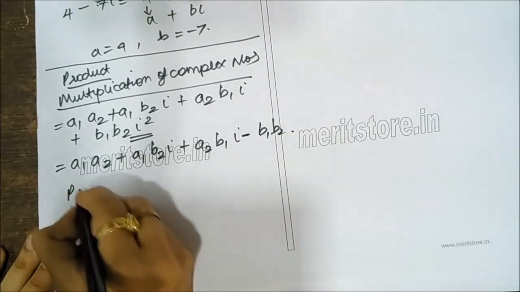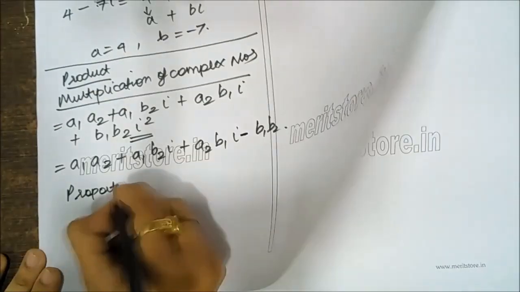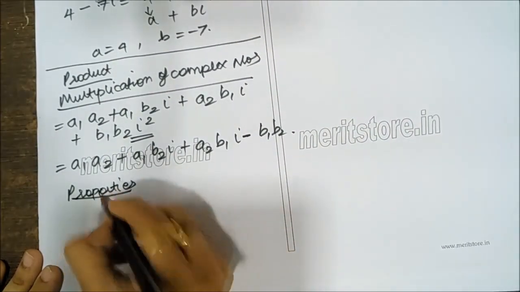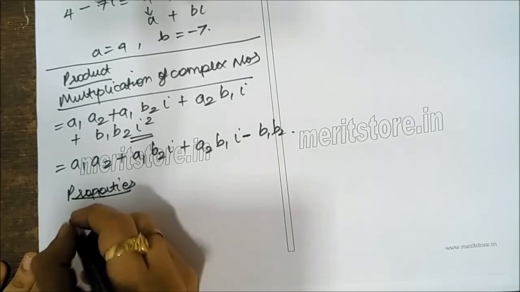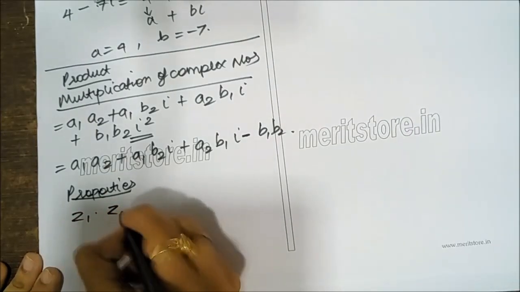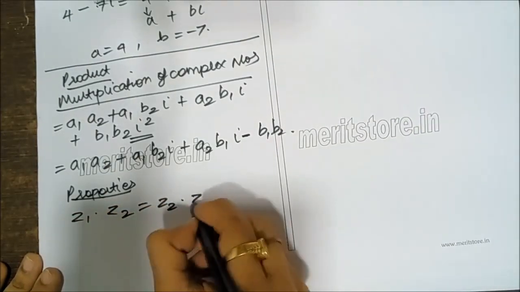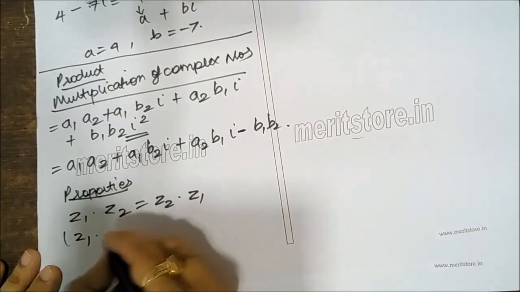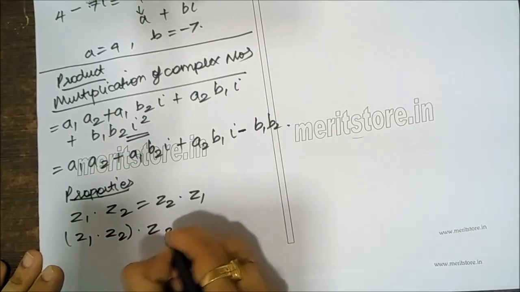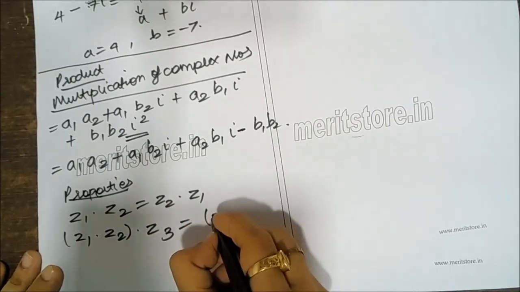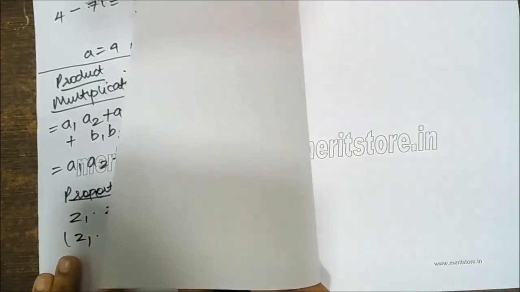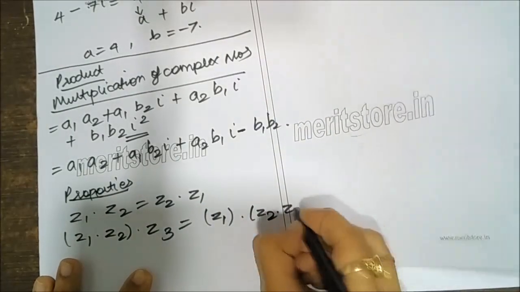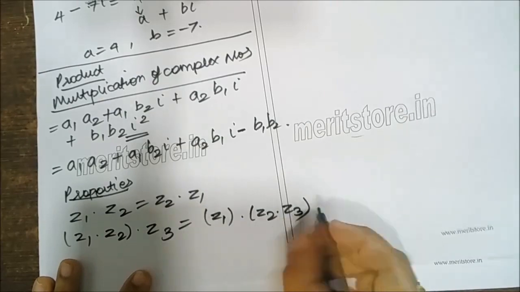Then certain properties we will discuss again. Z1 into Z2 is equal to Z2 into Z1. Z1 into Z2 when multiplied with Z3, it is Z1 into Z2 into Z3.